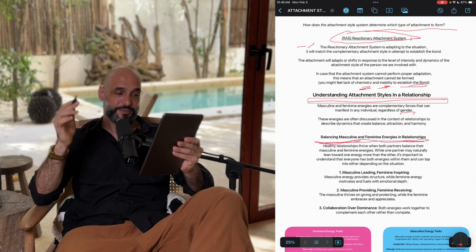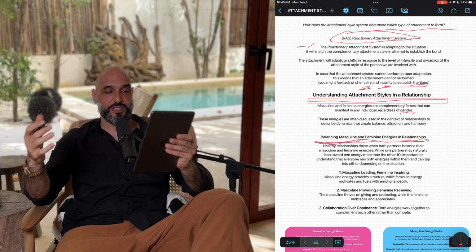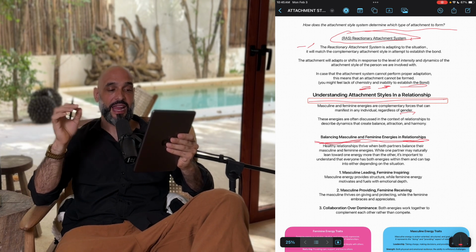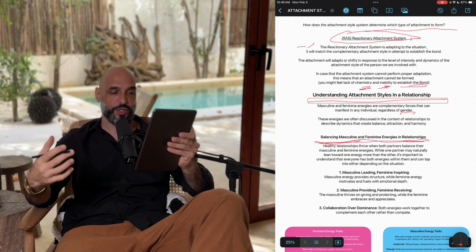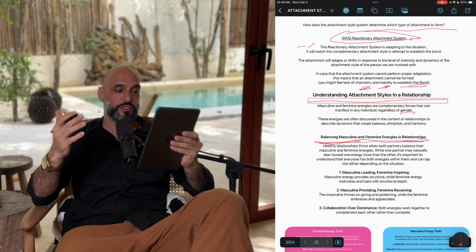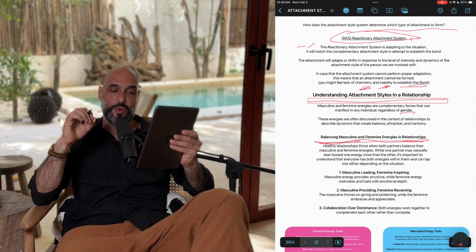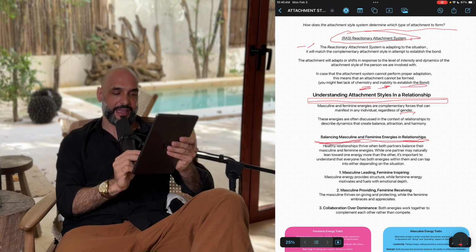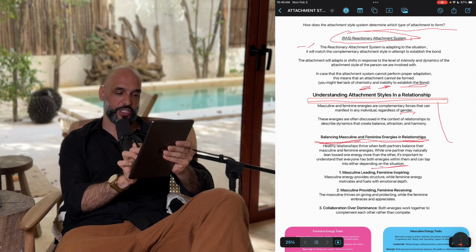How do you do that? Healthy relationships thrive when both partners balance their masculine and feminine energies. While one partner may naturally lean towards one energy more than another, it's important to understand that everyone has both energies within them and can tap into either depending on the situation.